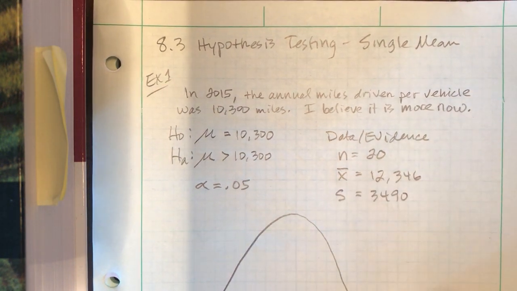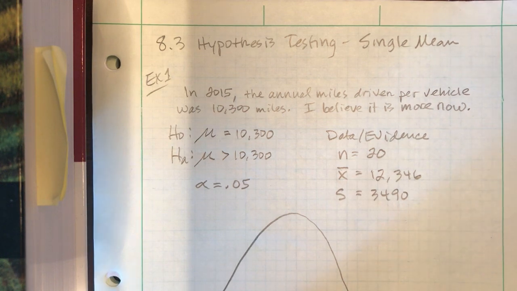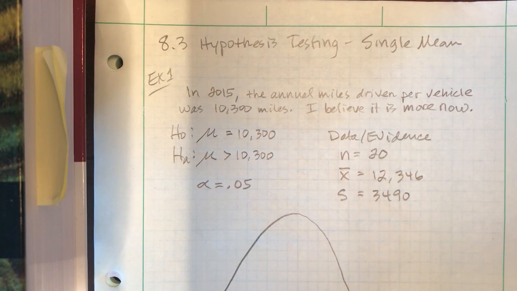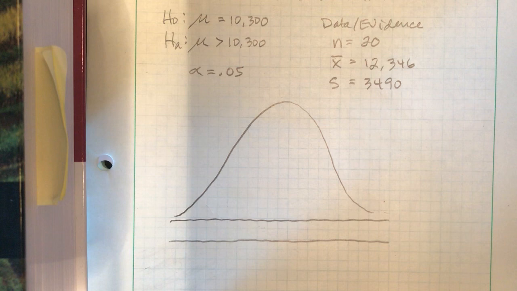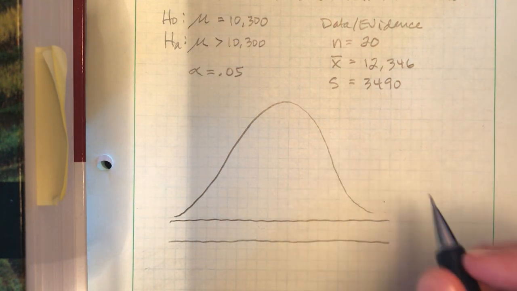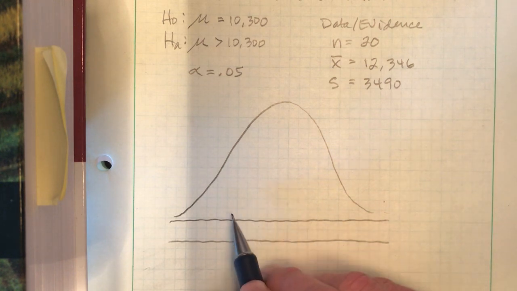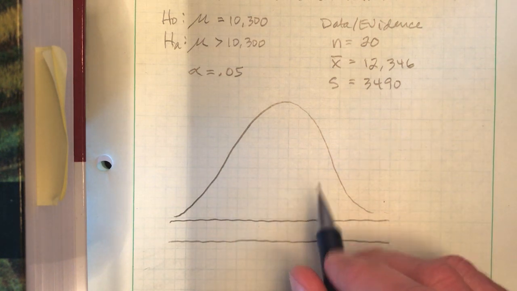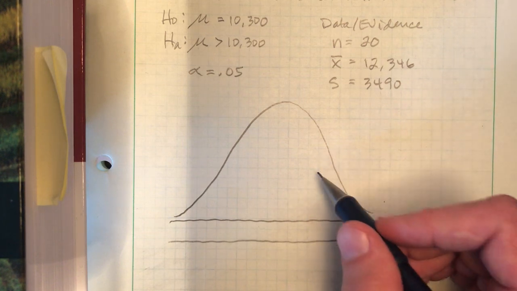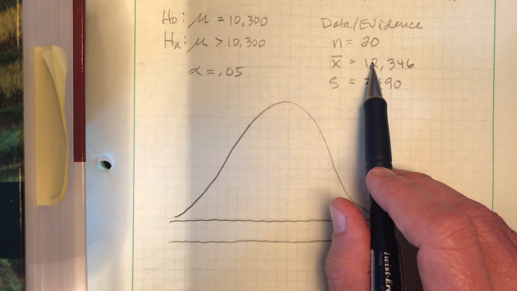Last videos we built a normal curve, and this is almost one. Let me tell you, this time, whenever we're working with means, this is what is called a T-curve. Very similar to a normal curve. You're not going to really think much different about it, but just so you know, there is something called a T-curve when the data is built around averages, not proportions.